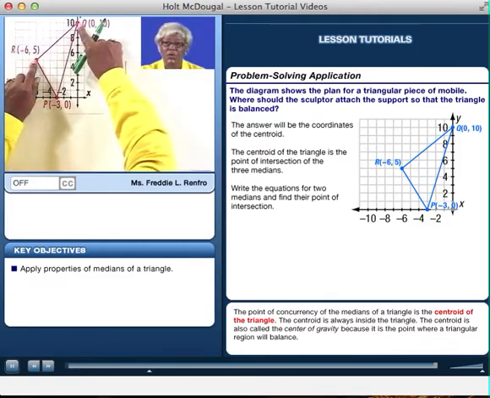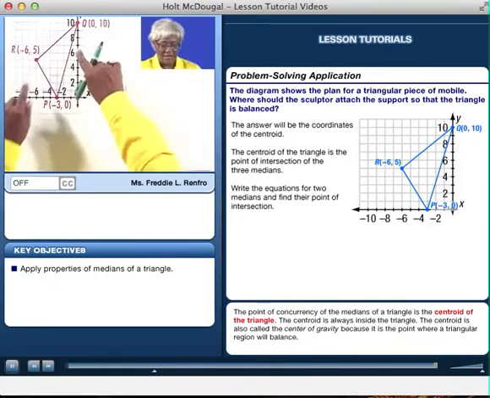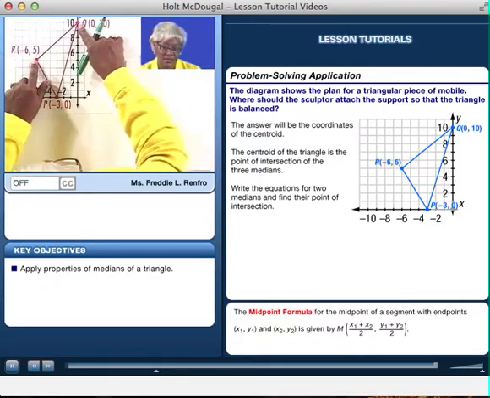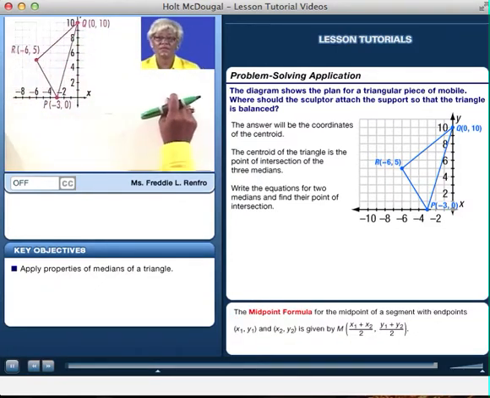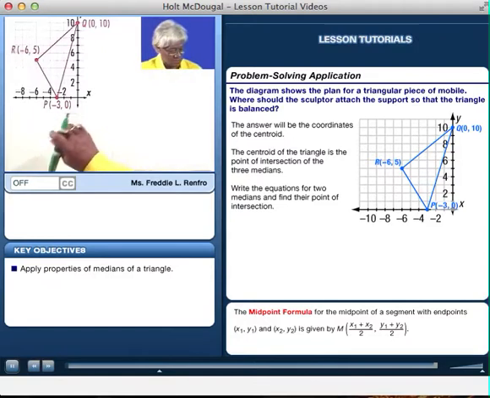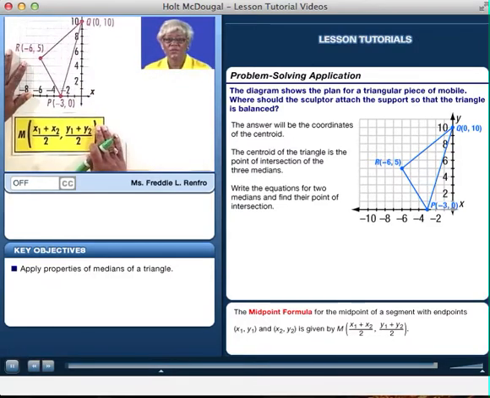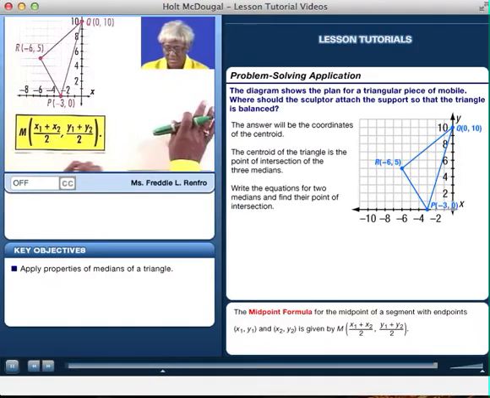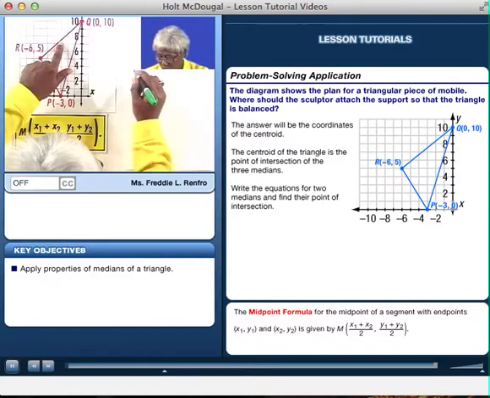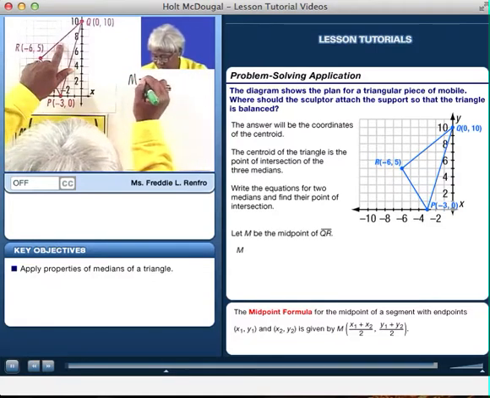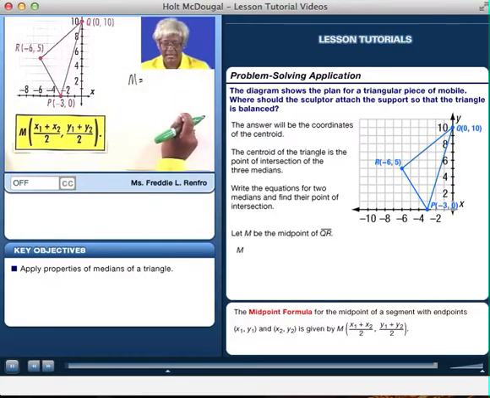I know the coordinates of the endpoints. If I use the midpoint formula, then that will give me the coordinates of the midpoint. Remember the midpoint formula? Let's use it. And we're going to call that point M.